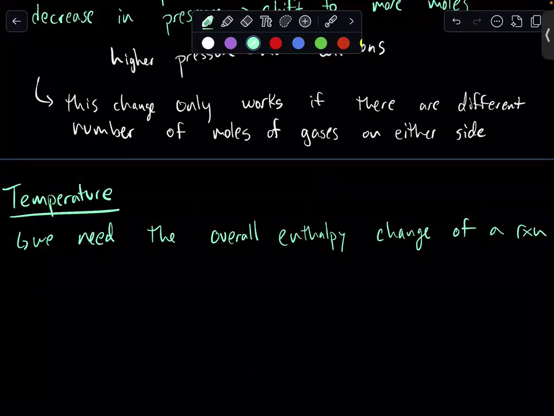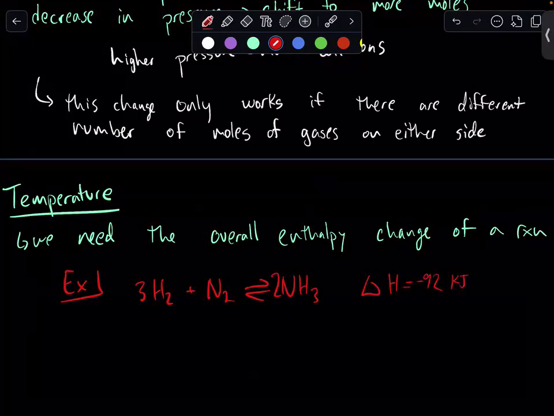So I said we're going to come back to it. So let's look back at the Haber process. We have 3H2 plus N2 reacts to form 2NH3. And that comes with a delta H of negative 92 kilojoules per mole.